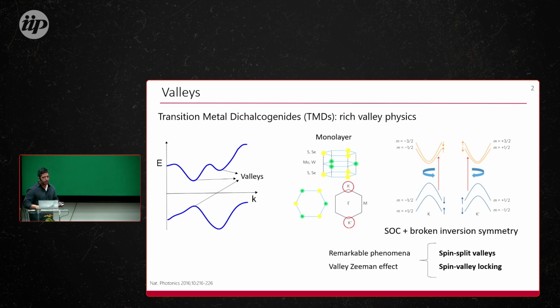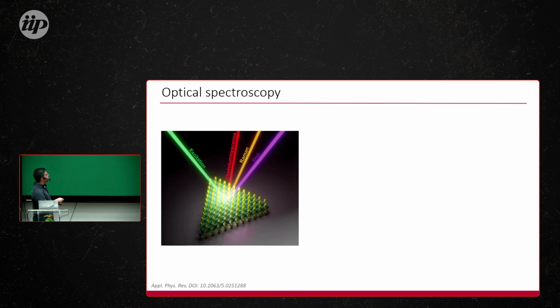So how can I probe this? My work is quite simple. I just do one thing. I have a laser on top of the material, and then I collect some signal. The signal can be photoluminescence, so I can probe the electronic transition.